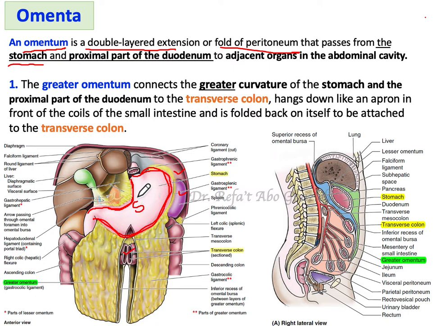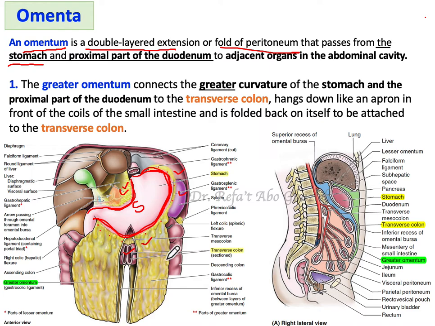Because the stomach has a lesser curvature, there is this yellow omentum, called the lesser omentum. And similarly, when you go to the greater curvature, there is a yellow double layer of peritoneum called the greater omentum, not lesser omentum, greater omentum. So we have a lesser omentum and a greater omentum.